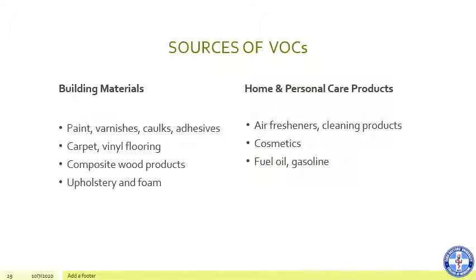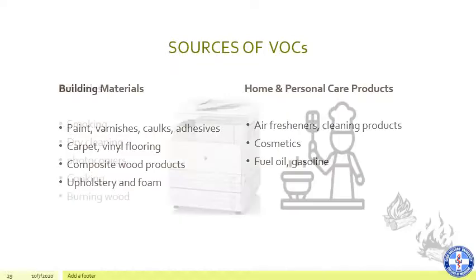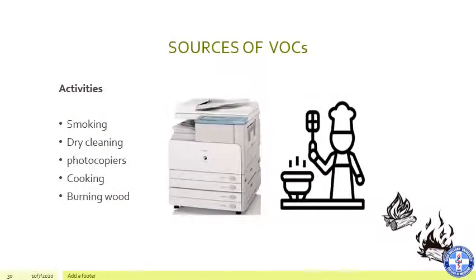Another source is home and personal care products like air fresheners, cleaning products, cosmetics, fuel oil, and gasoline. There are also activities wherein we are exposed to VOCs, like dry cleaning, photocopiers, cooking, burning wood, and smoking.